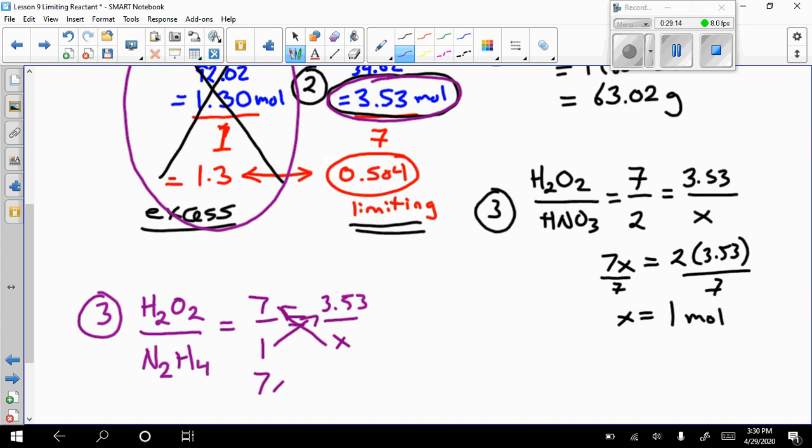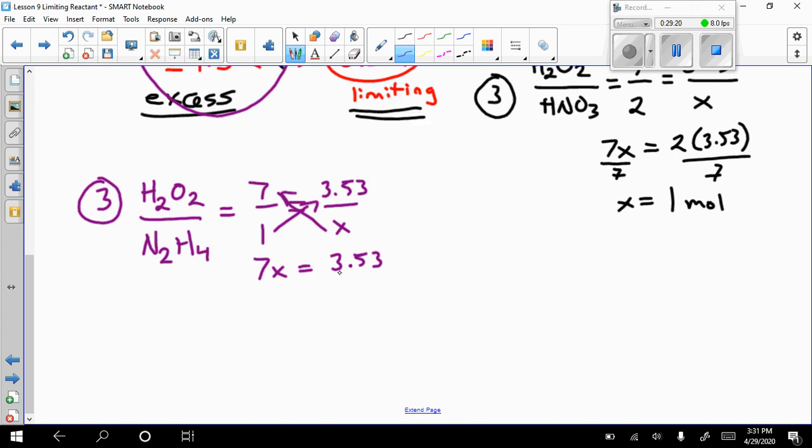So 7X is equal to 3.53. And so divide by 7, isolate the X, and basically you can see that we're going to end up with roughly 0.5, so 0.5 moles.